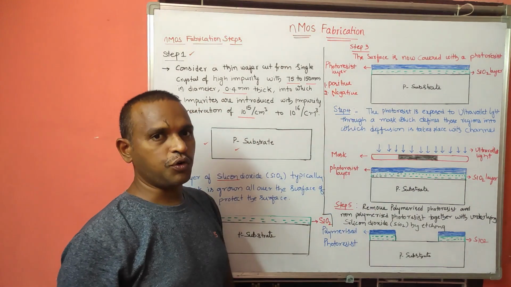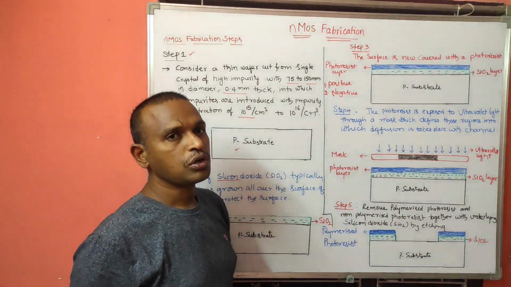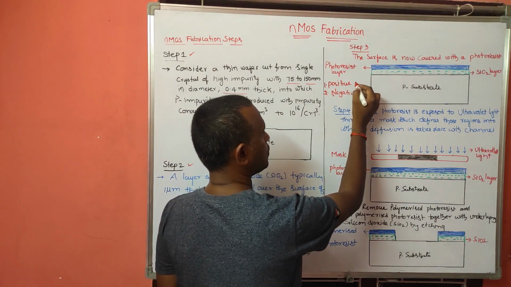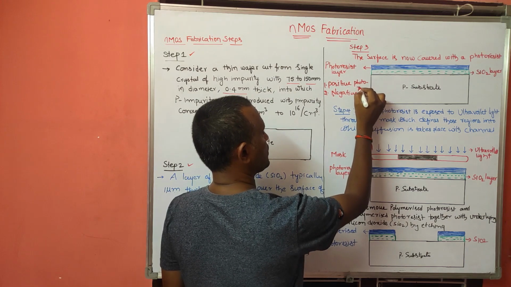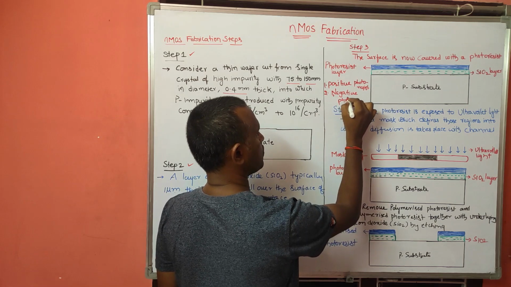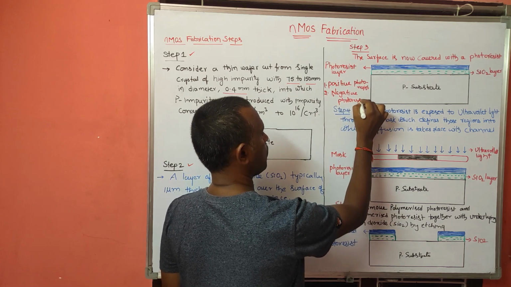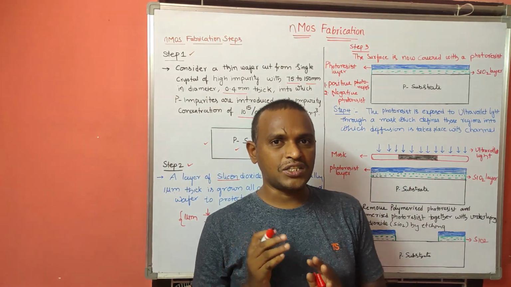So how many types of photoresist do we have? Positive photoresist and negative photoresist. How do you classify them?